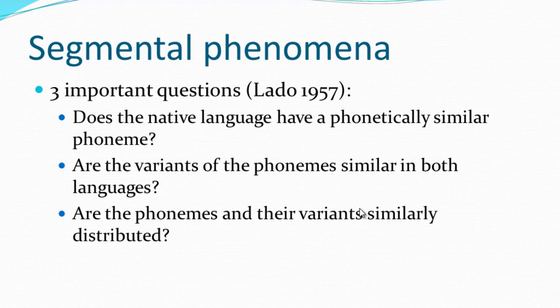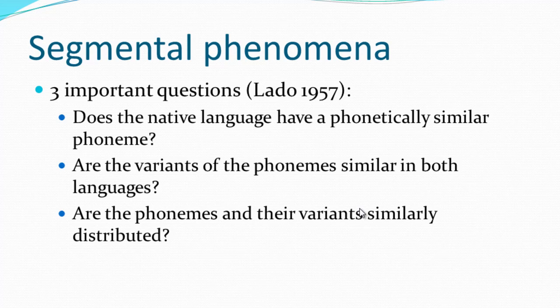For example, if /p/ exists in English, does it exist in Vietnamese? If /dʒ/, like in John, Jim, exists in English, does it exist in Vietnamese? So, does this phoneme exist in the other language that we compare with the mother tongue?